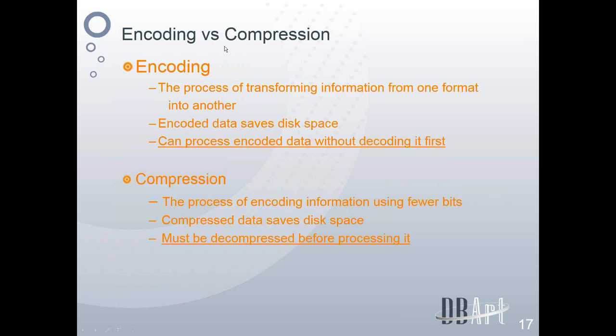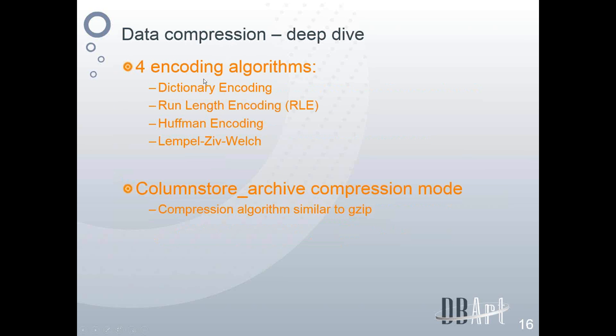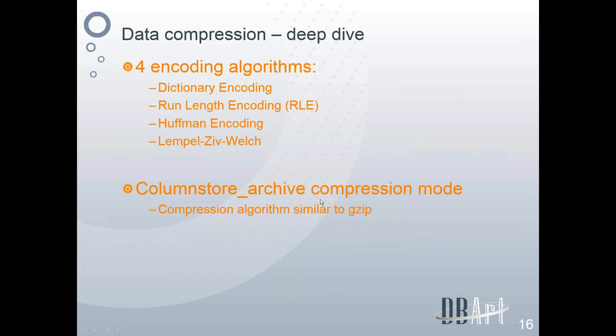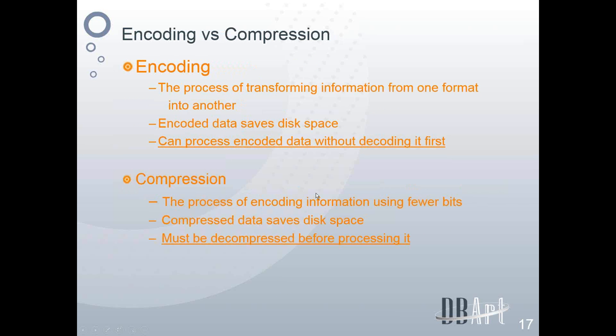So, encoding versus compression. The very important thing to understand is what is encoding and what is compression. Those 4 algorithms are encoding. Columnstore archive is compression. And what is the difference? Encoding is a process of transforming information from one format into another.